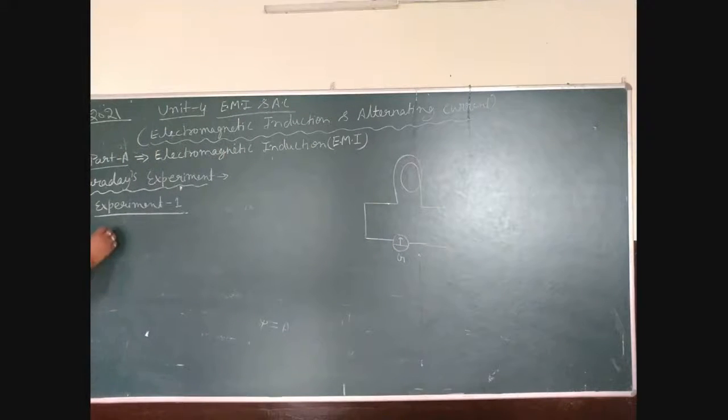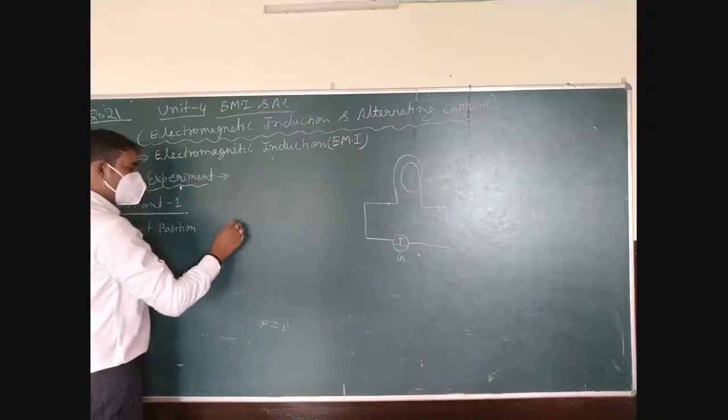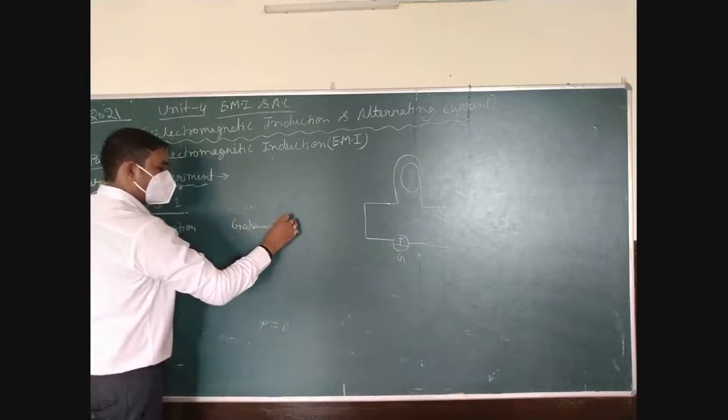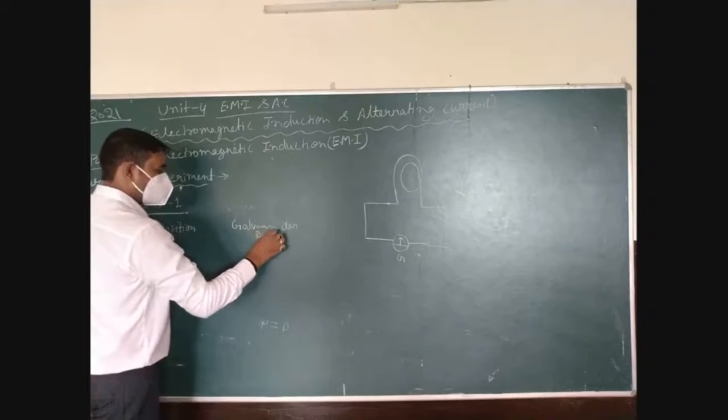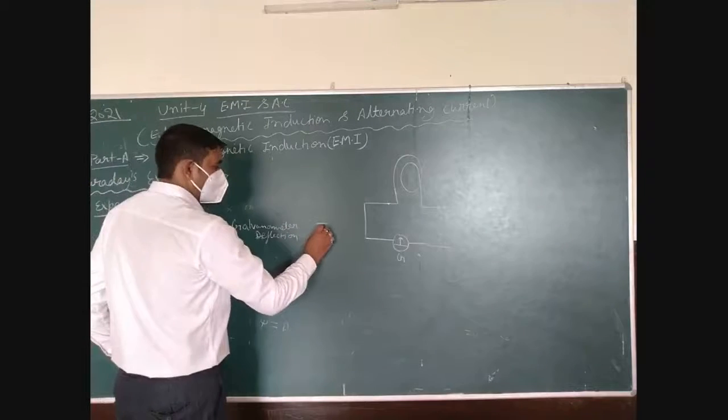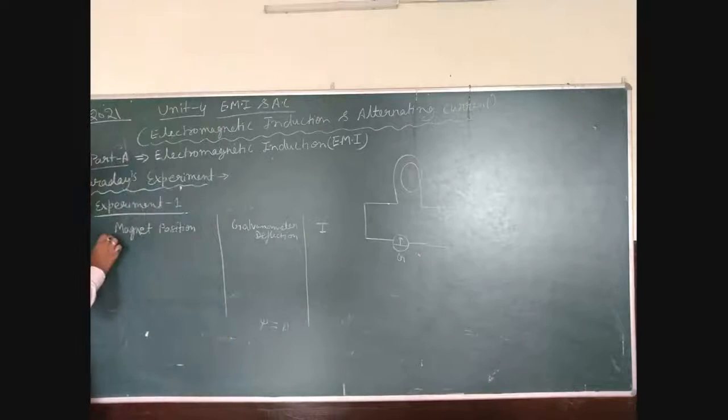What do we have to observe? The position of the magnet, second, the galvanometer deflection, and the appearance of current I. Okay, now what situation?